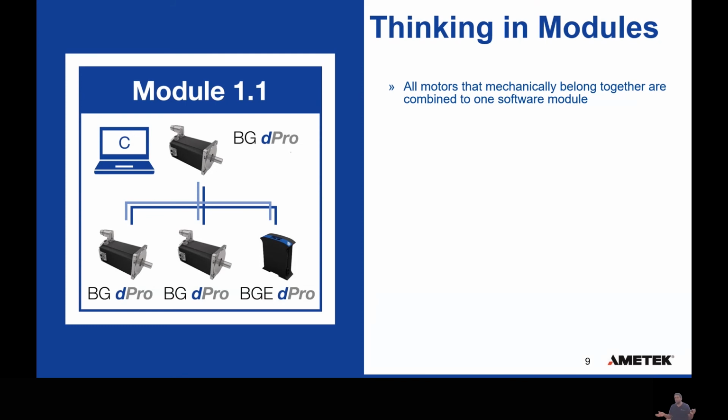So combine these two motors to one module, program this software directly on the motors, and link all sensors that are needed for this functionality directly onto the motors. That means you don't have to bring the wiring through the whole machine. You can react directly there where the action happens.